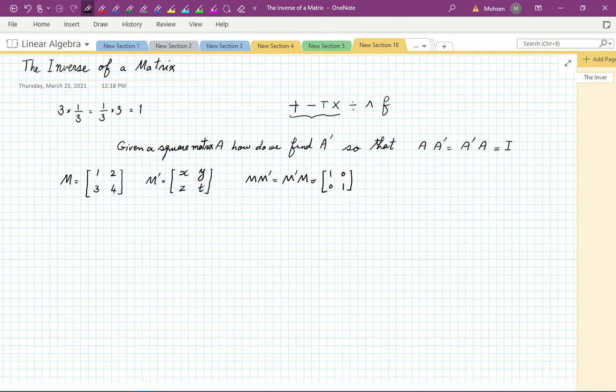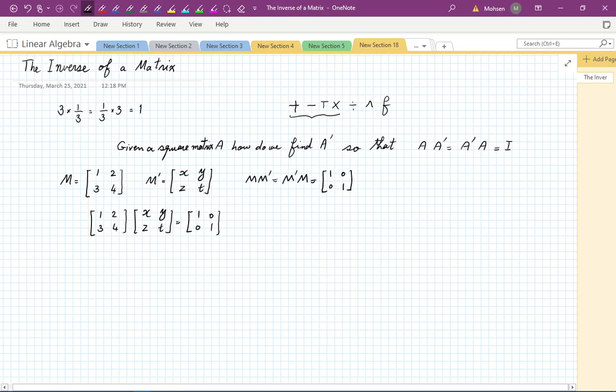Just go ahead and solve those equations. So I have 1, 2, 3, 4. I want to multiply this thing with X, Y, Z, T, and I expect to get 1, 0, 0, 1. From this equation we want to find X, Y, Z, T. Once we do that, we have our inverse. We have this M prime and call it a day.